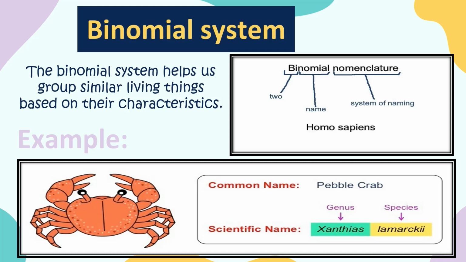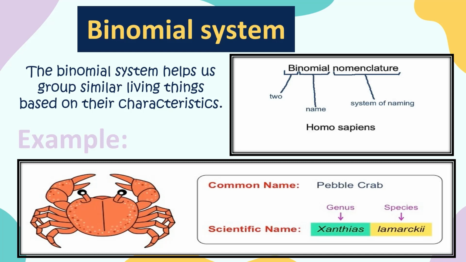Now, the binomial system. The binomial system helps us group similar living things based on their characteristics. Bi means 2, nomial means name, and nomenclature means system of naming.